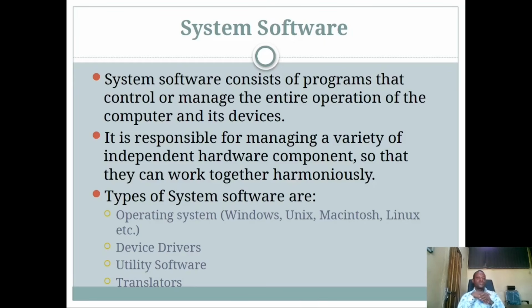For example, if you're working on your computer and you're printing and the printer suddenly runs out of paper, you're going to see a notification window on your screen telling you that the printer is out of paper. What is bringing that information is the system software, because it monitors the operation of the printer and communicates its status to the computer system.